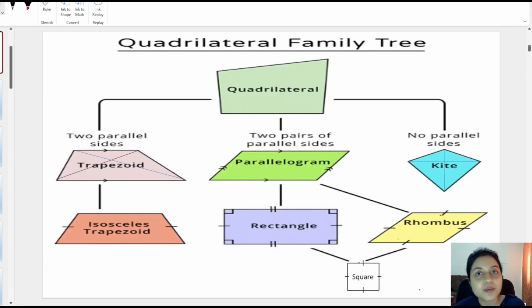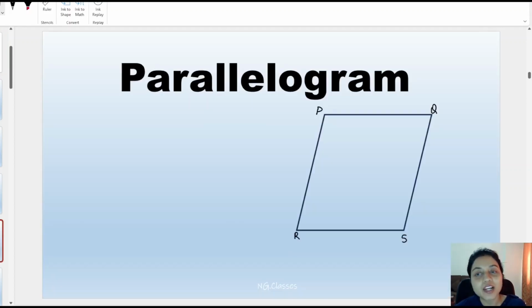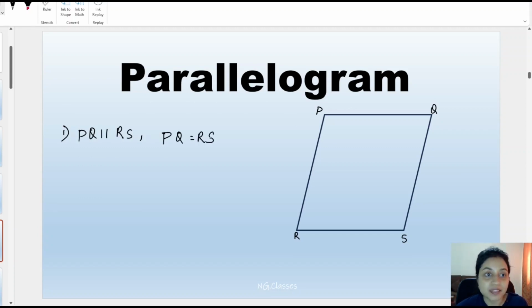Now let's discuss the other family member from the first generation, that is the parallelogram. Here we have a parallelogram PQRS. The opposite sides of the parallelogram are parallel to each other, and also opposite sides are equal to each other. So side PQ is parallel to side RS, and PQ and RS are of the same length.